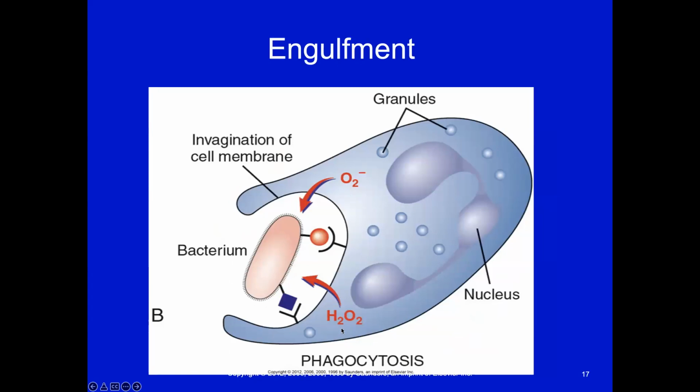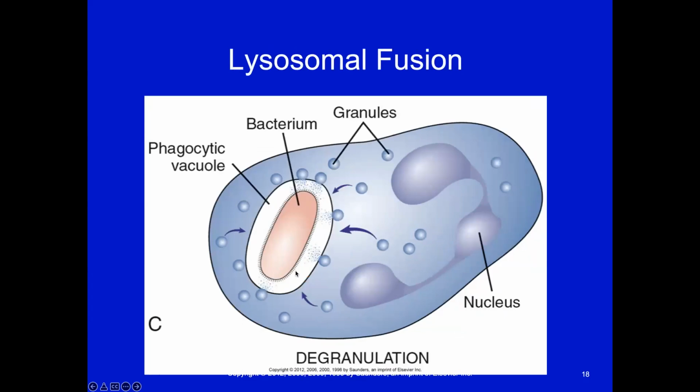We see hydrogen peroxide here and some other oxygen-containing molecules. Eventually, of course, the bacteria will be completely engulfed. In this case, the phagolysosome is created. Here you have the contents being released from the lysosomes, and then that bacteria is eventually killed, destroyed and digested.